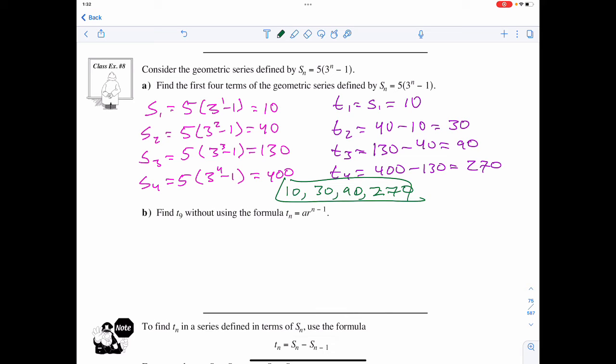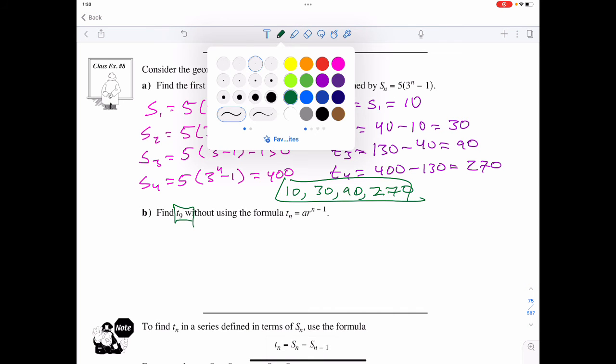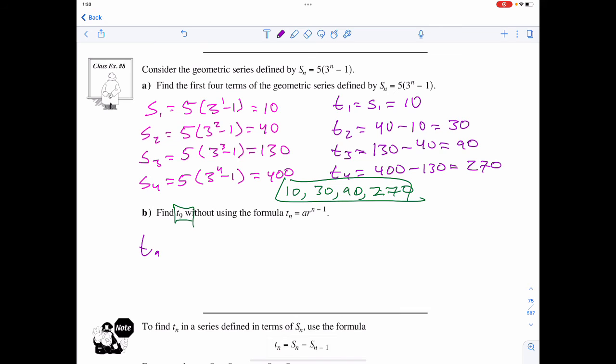If it says that term 9 is what I want, then I could do that by saying that term 9 is equal to the sum of the first 9 minus the sum of the first 8.